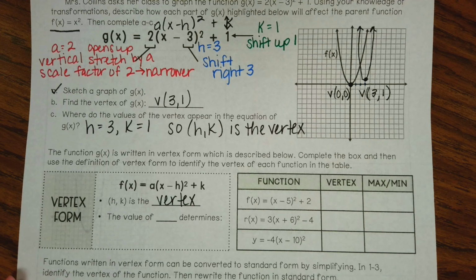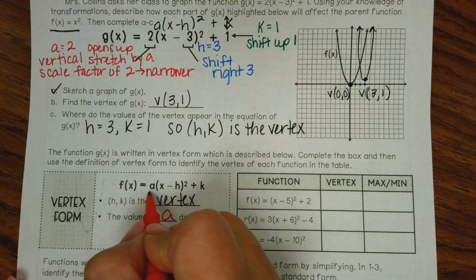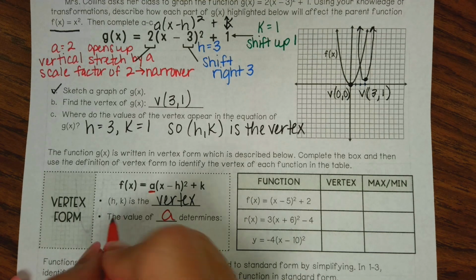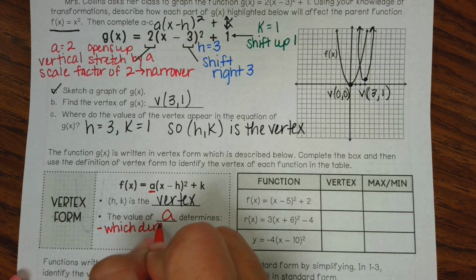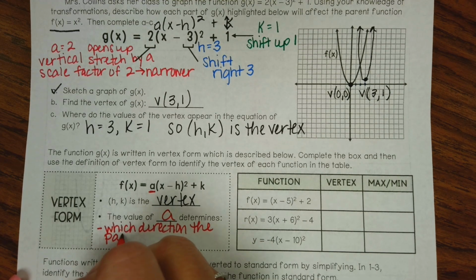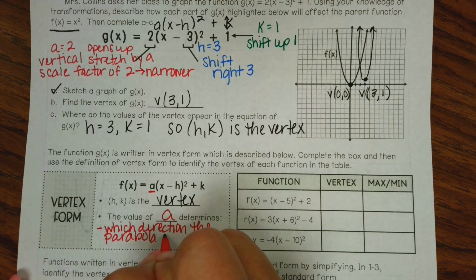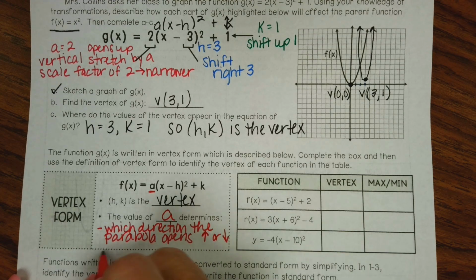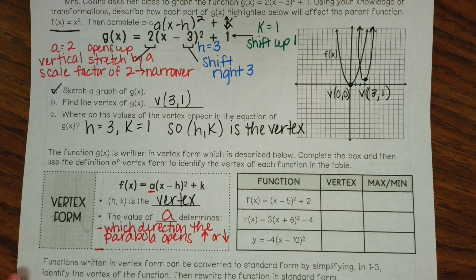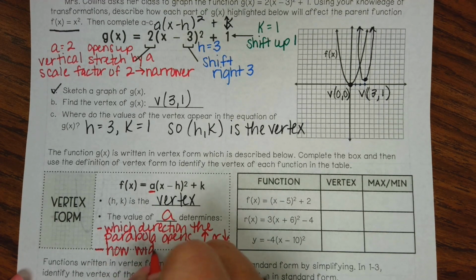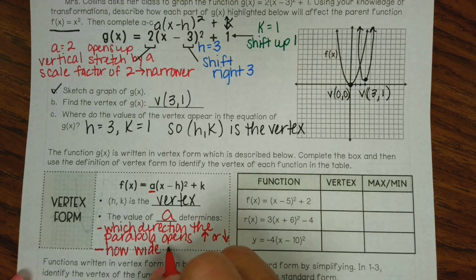Okay, the value of A determines which direction the parabola opens, meaning does it open up or down, and it also determines how wide it is.